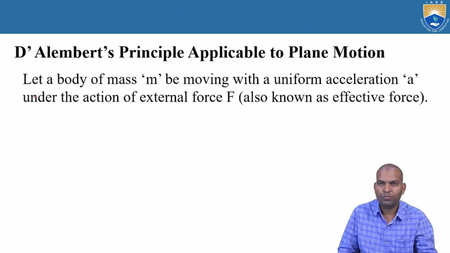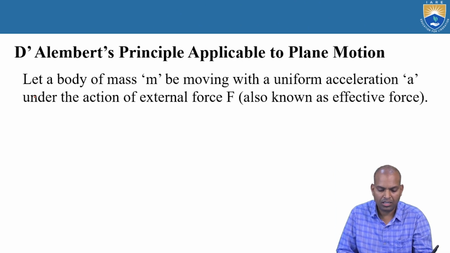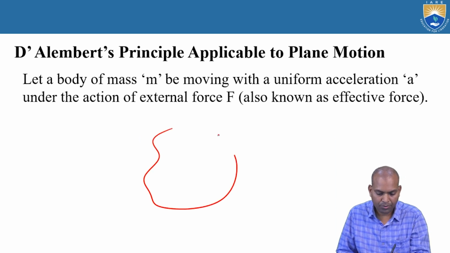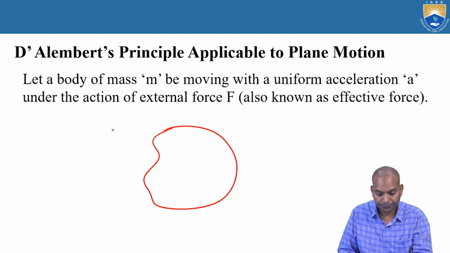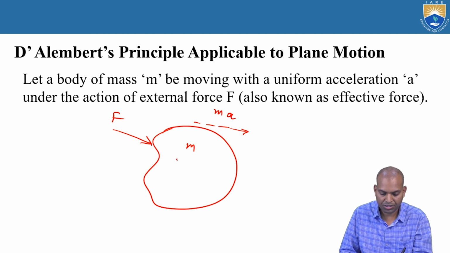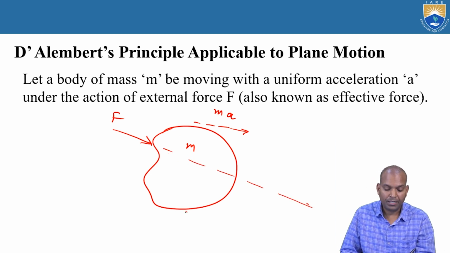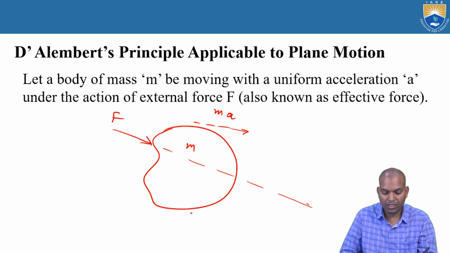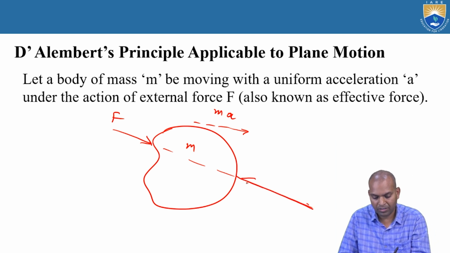Let a body be moving with uniform acceleration under the action of an external force. That is known as the effective force. Suppose you consider an arbitrary body, and a force F is acting on it. Because of this F, the mass has an acceleration A in this direction, so F equals M into A. But if you want to keep it in equilibrium, we have to apply a force in the opposite direction.